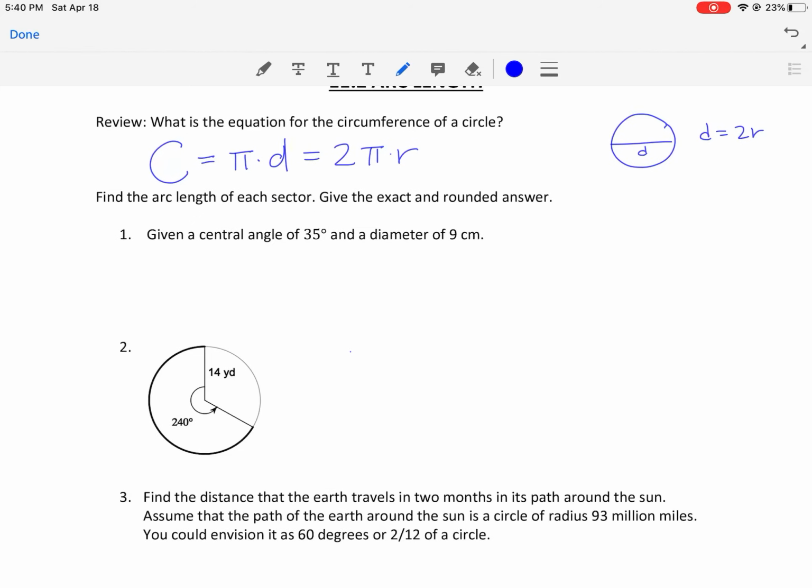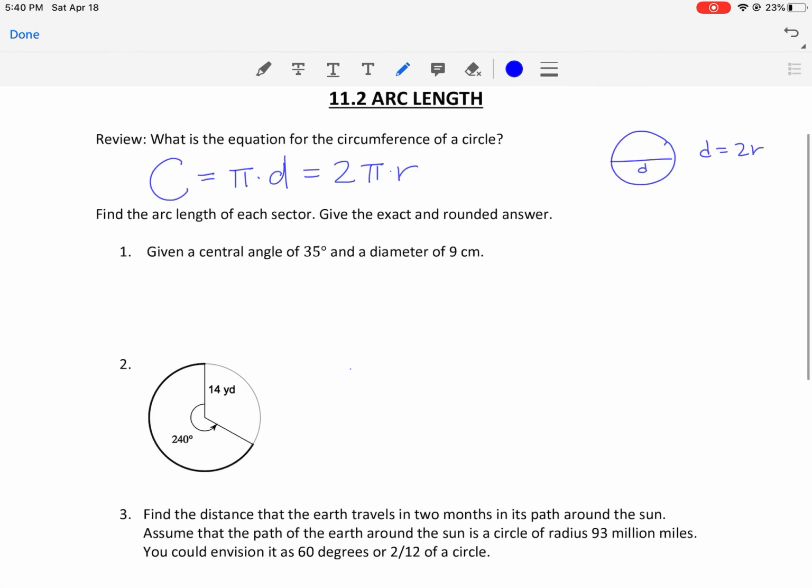Okay, on this first one, we want to find the arc length of each sector, give an exact and a rounded answer. So, in this case, we've got this circle, right? I always like to see a picture. We have 35 degrees. And this time, I guess we got a diameter. So this whole length across is 9 centimeters.